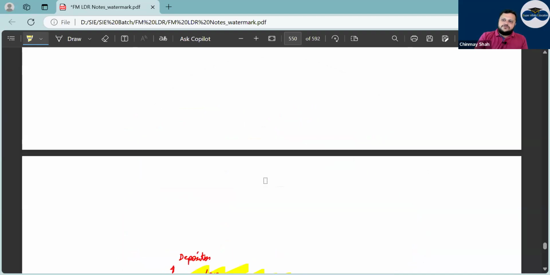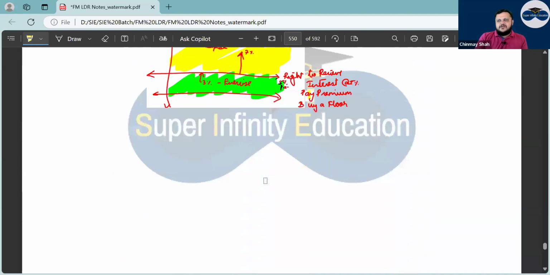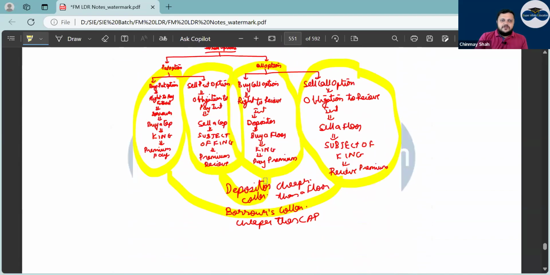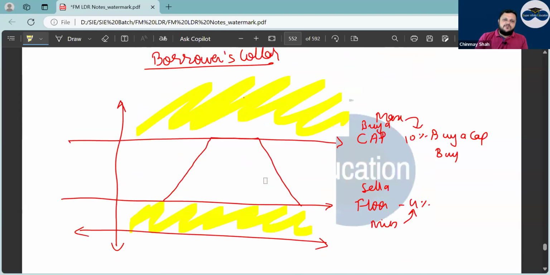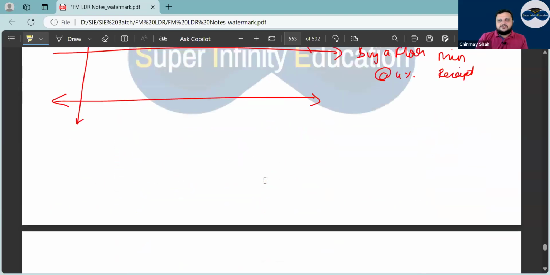For a borrower, put option, right? Buy put option and sell call option. Buy put and sell call will be a borrower's collar, right? And sell put and buy call will be a depositor's collar. I don't want to go into the detail of this, but honestly speaking, only this much would be more than enough. This is a borrower's collar and this is a depositor's collar.